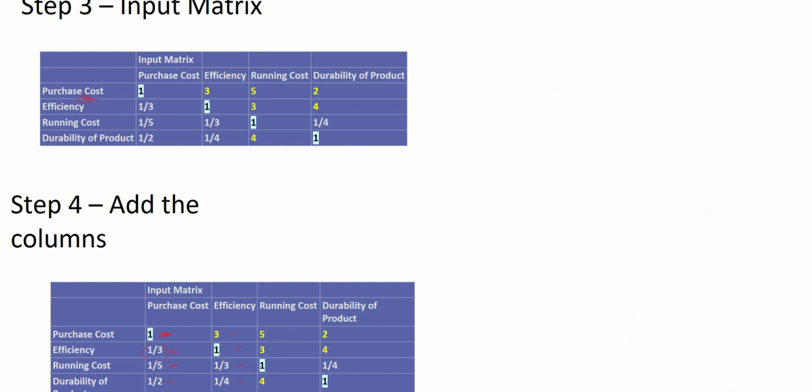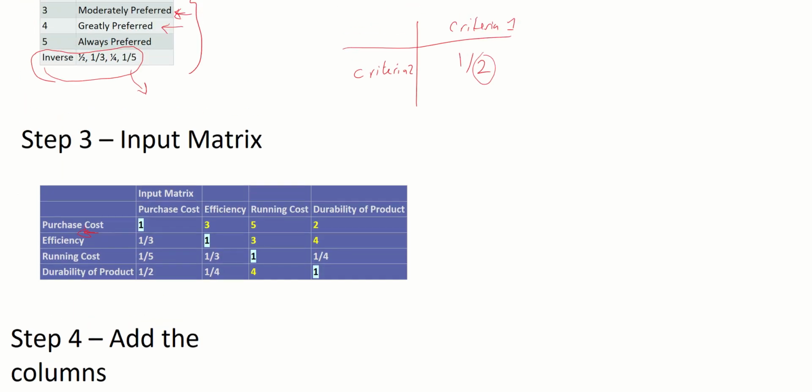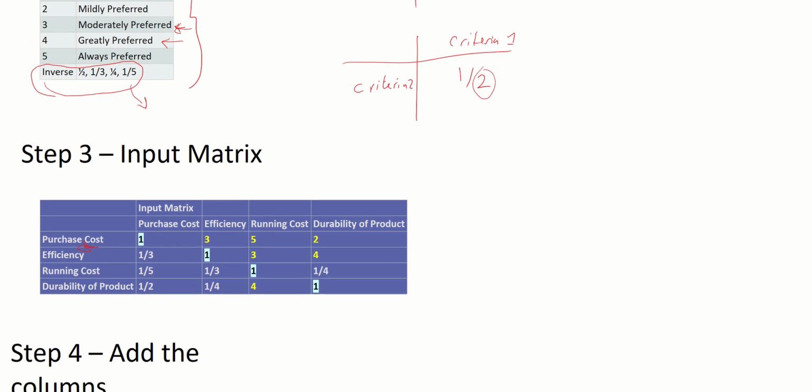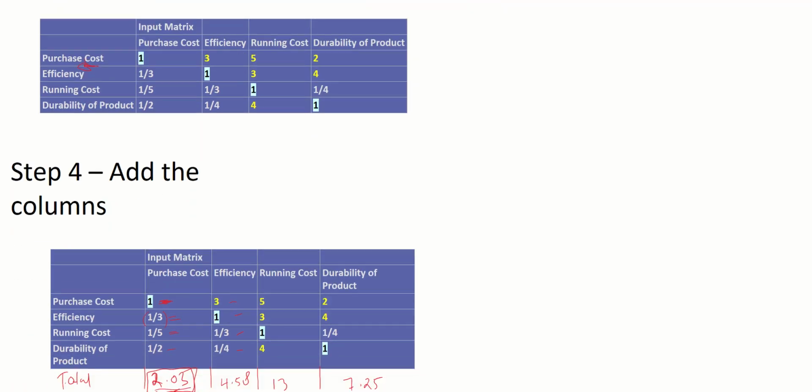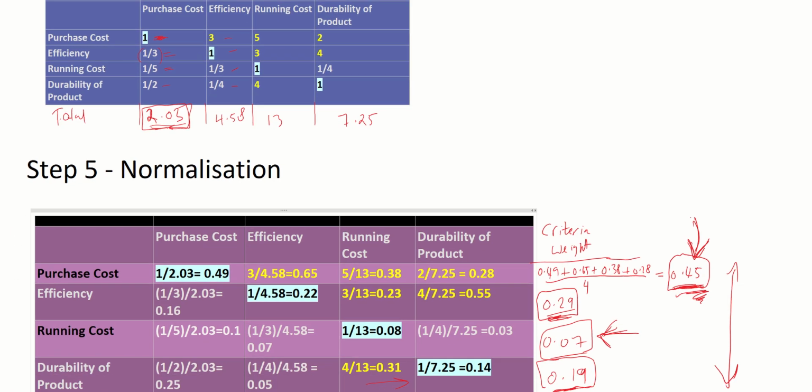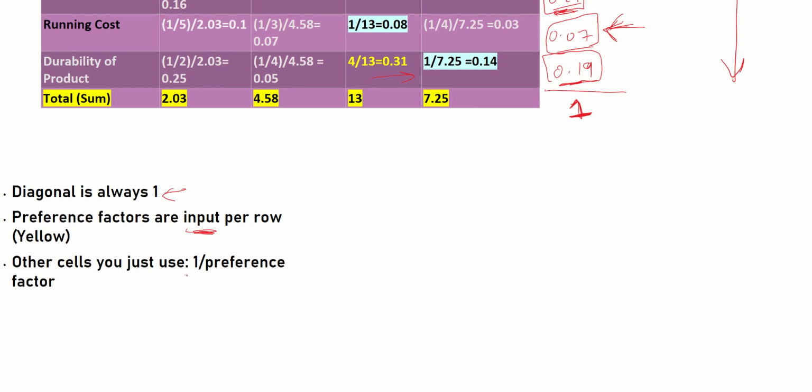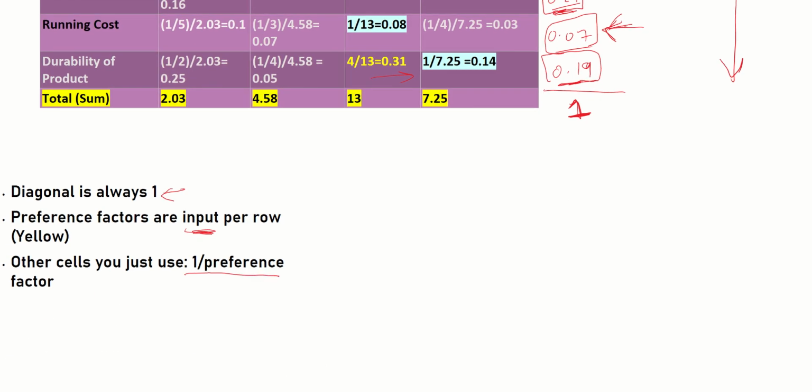If you do have a preference, then label it. Is it a mild preference? Is it a moderate preference? Give it a particular scale. And then for the remaining values, just use the 1 over the preference factor. So you just use the inverse, because remember, this is a symmetrical matrix. So use the diagonals, the 1, and then adopt the inverse values.